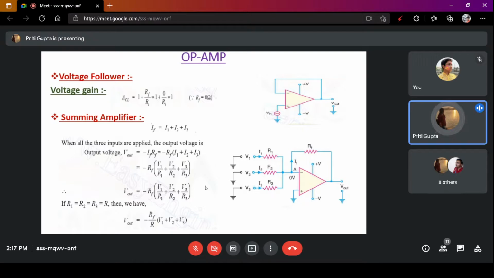Give a comma and then write IF equals I1 plus I2 plus I3. And then write: when all the three inputs are applied, the output voltage is V output equals this. Write this derivation.